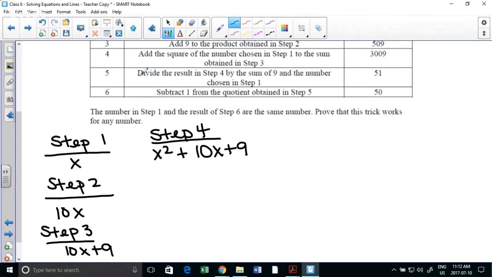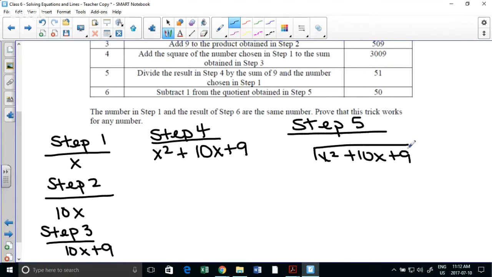Step five says, we'll actually do step 5 over here. I have more room. Step 5 says, divide the result in step 4 by the sum of 9 and the number chosen in step 1. So this is a long division.